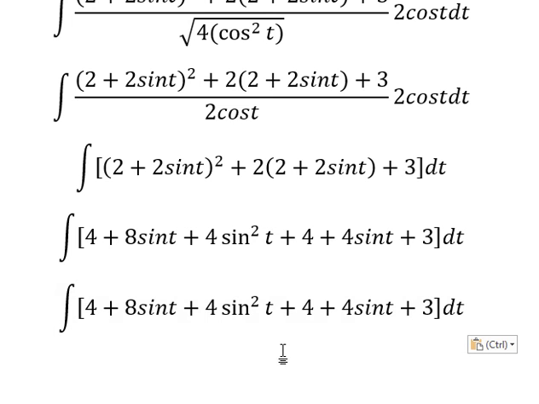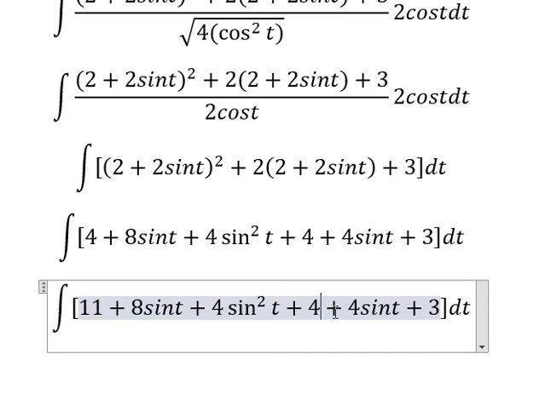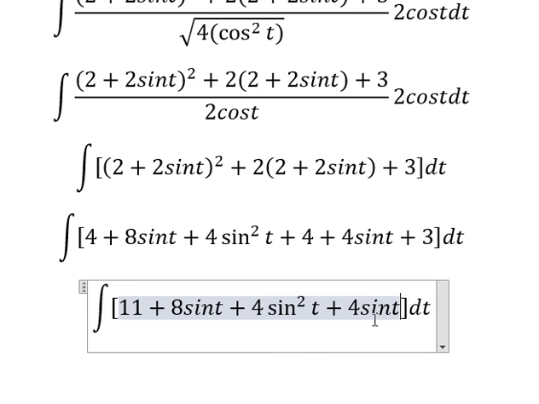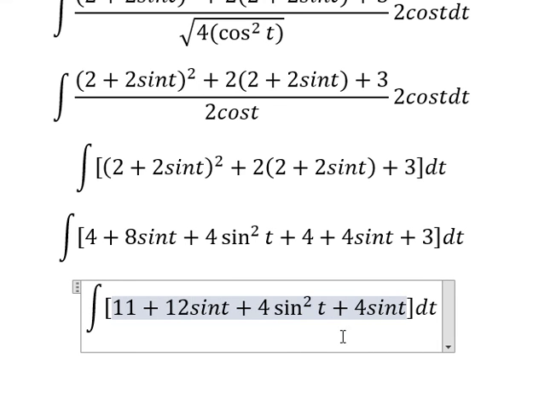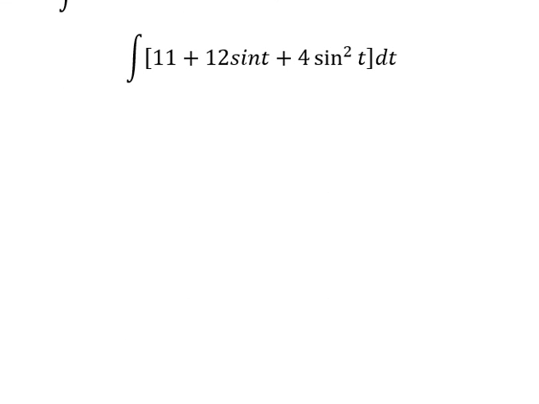So number 4, number 4, number 3, we have 11. Number 8, number 4, we have number 12. Next, we have the formula in here.